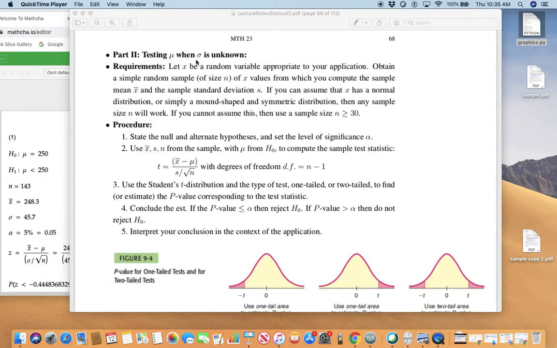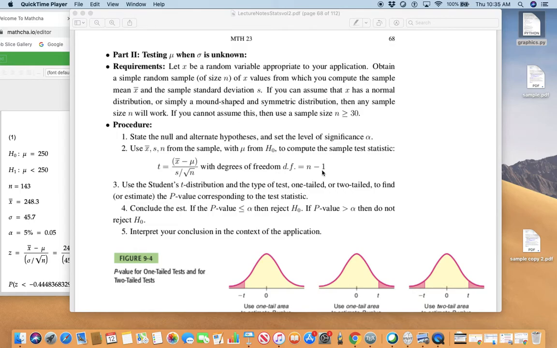Now, when sigma is not known, you would use the sample standard deviation. So now the sample test statistic is denoted by T. You are going to use a similar formula as for the standardized normal value, but now you are using T. Instead of sigma, you are using S. Okay.